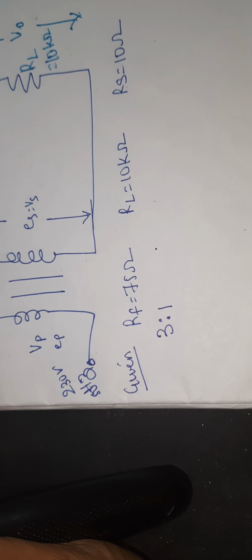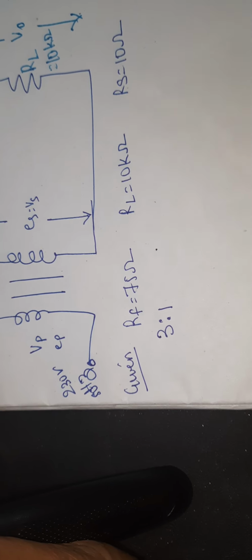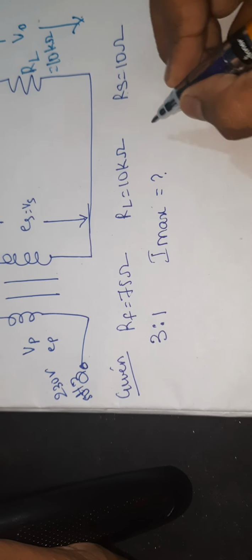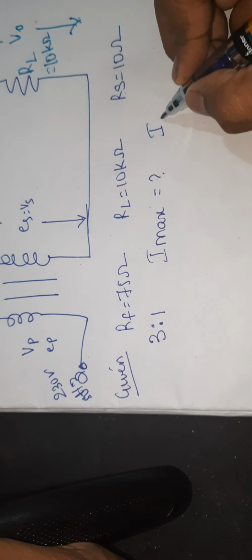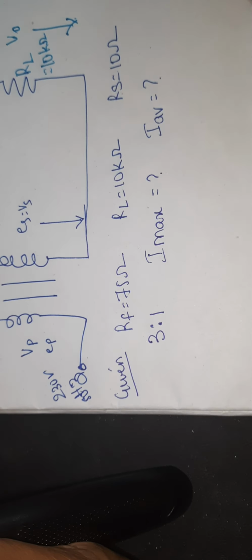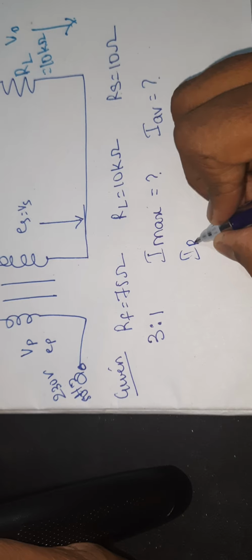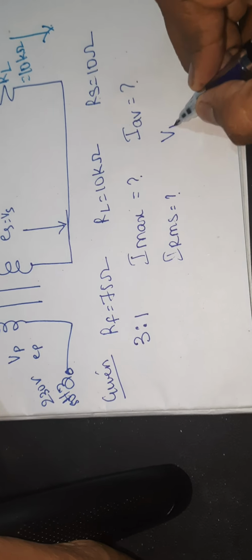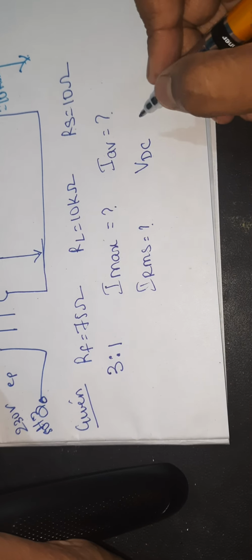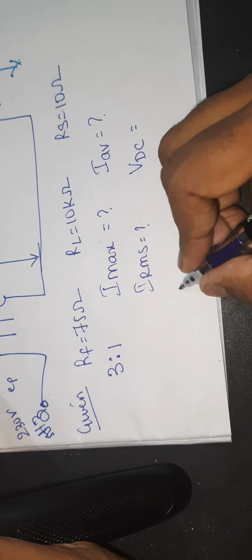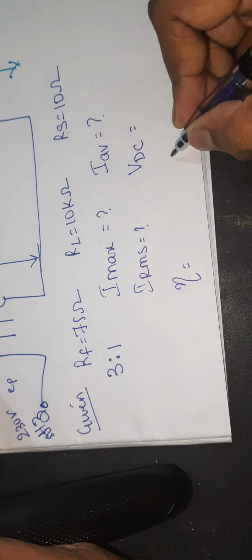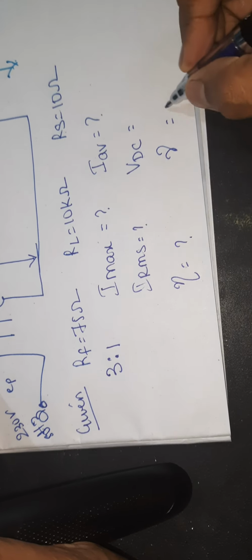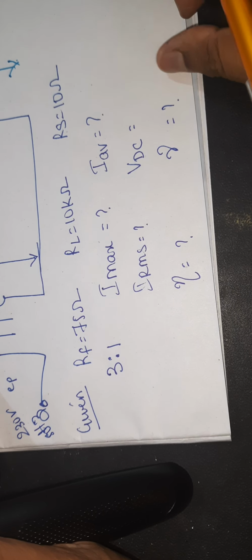Calculate maximum, average, RMS value of current, that is I max I have to find out, then I average, then I RMS, then DC output voltage VDC, then I have to find out efficiency and ripple factor. These are the things I have to find out.